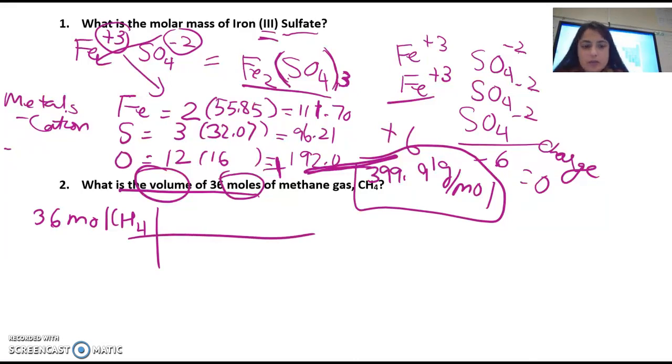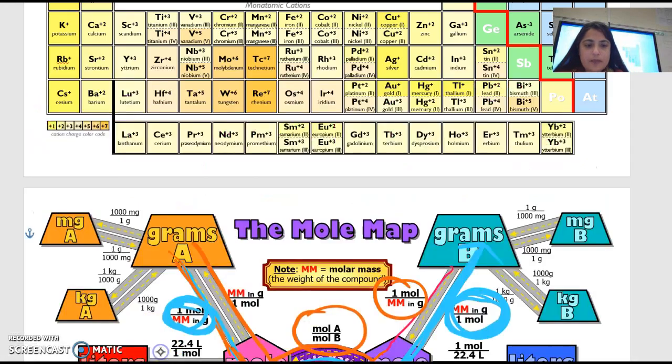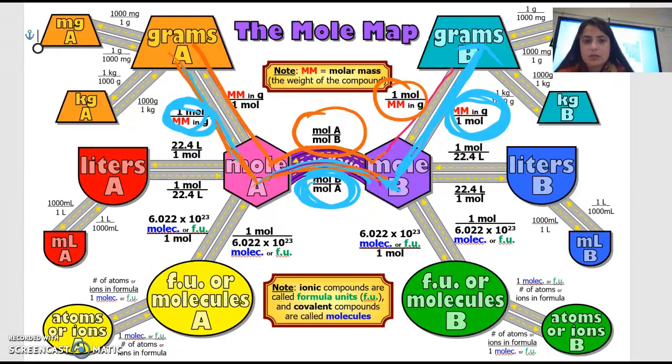And when you look at your mole map, and those who don't have this mole map, there are a bunch of them floating around on the internet, and you can use those, okay? So you're going from moles to liters, okay? Because it said volume.